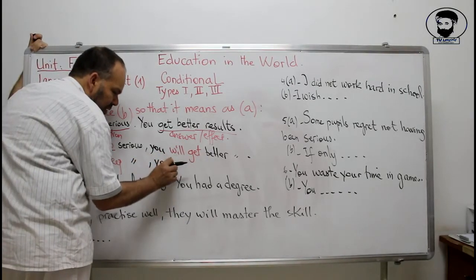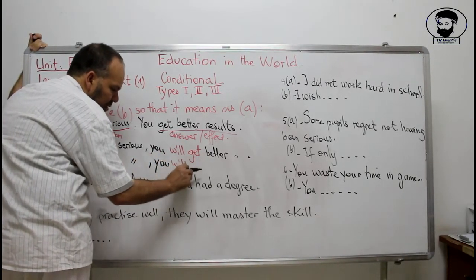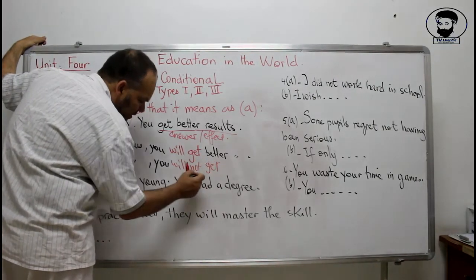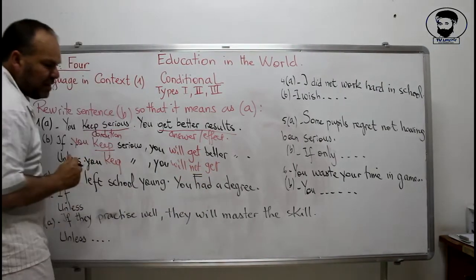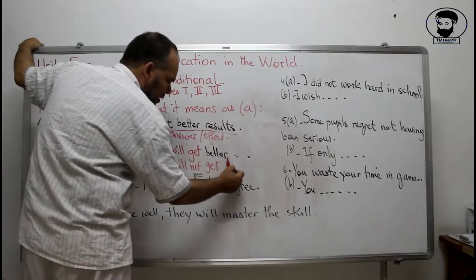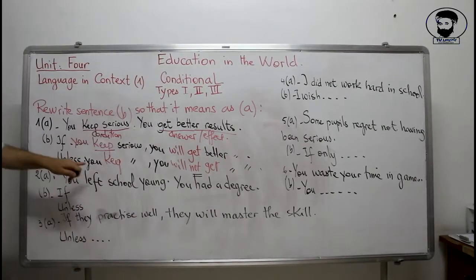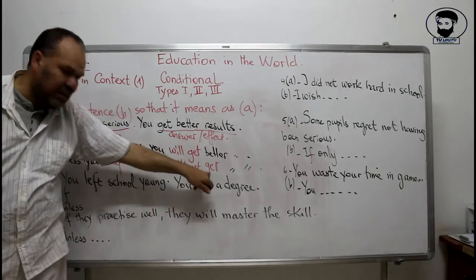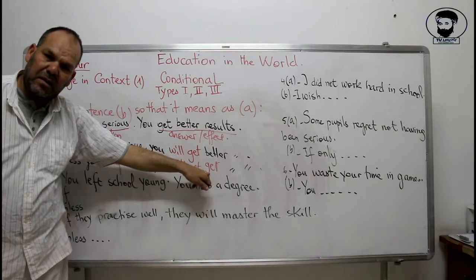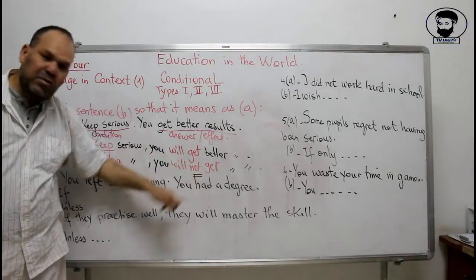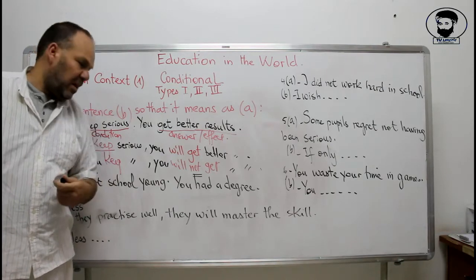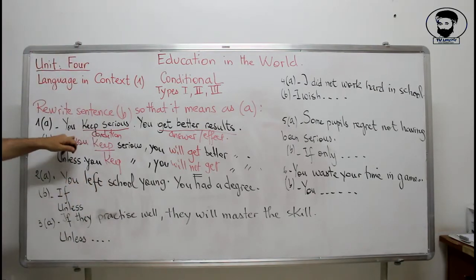You will not get, and we stress not here. You will not get better results. So, with the form of unless, we are introducing the not form in the second sentence. So always in a form of unless, try to make the negative form in the second sentence to get a better meaning.